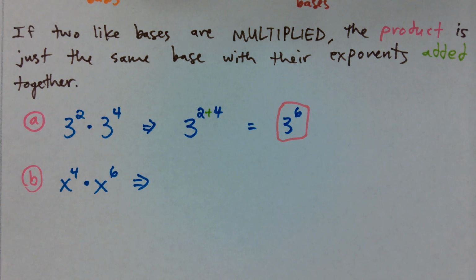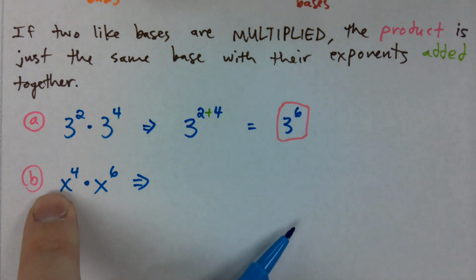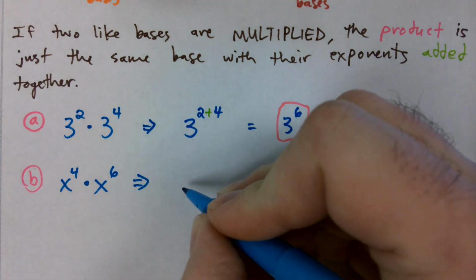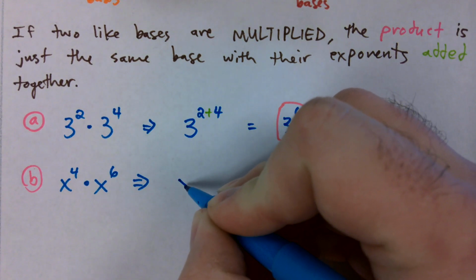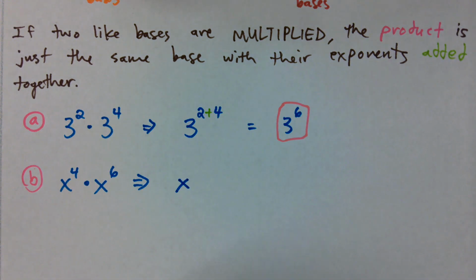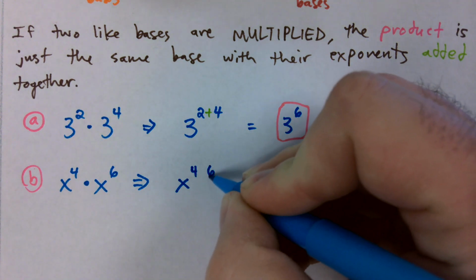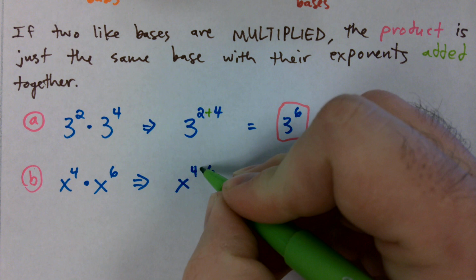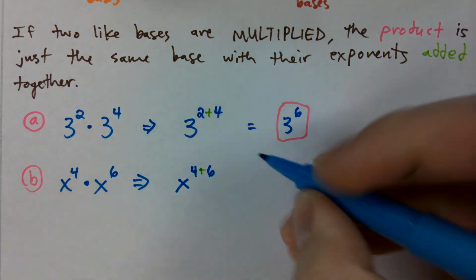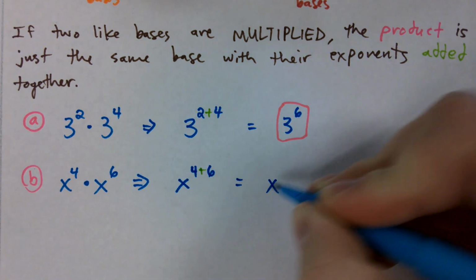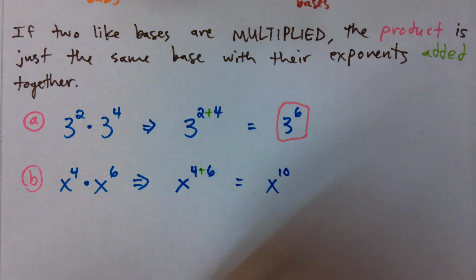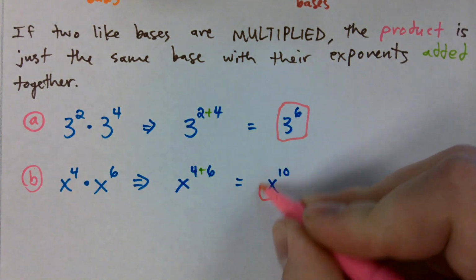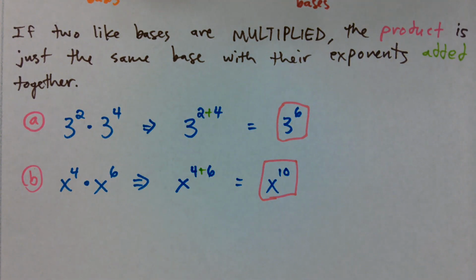So that could include variables and numbers at the same time. x to the 4th times x to the 6th. We've got a like base of x. So we'll rewrite our like base and then add our exponents together. 4 plus 6 equals what, everybody? 10. That's right. 10. I'll give you a moment to write that down. Think about it for a second.